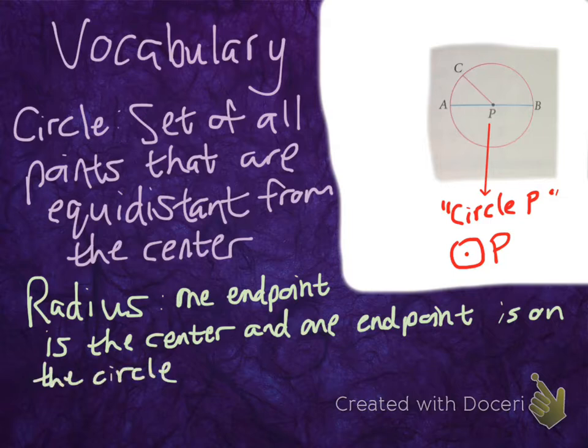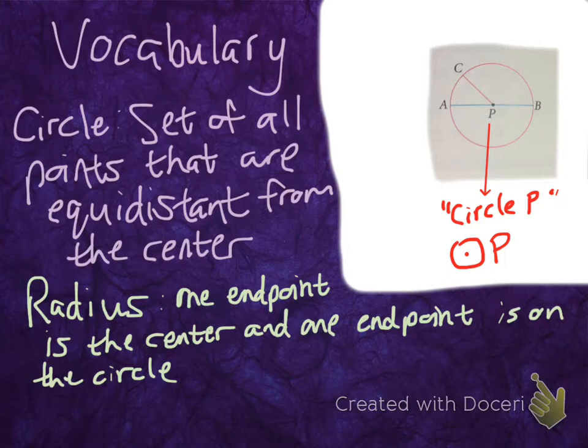So one endpoint is at the center, and one endpoint is on the circle. I want you to see how many different radii you can come up with looking at this picture to the right. So I'll give you one. We have this one right here, which I did not draw accurately there.